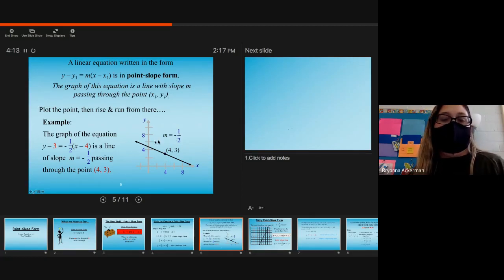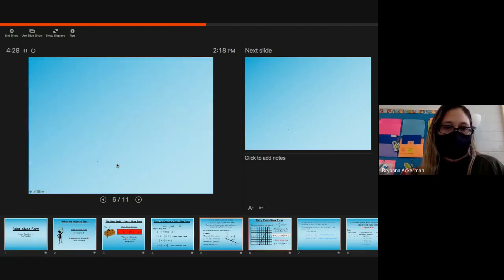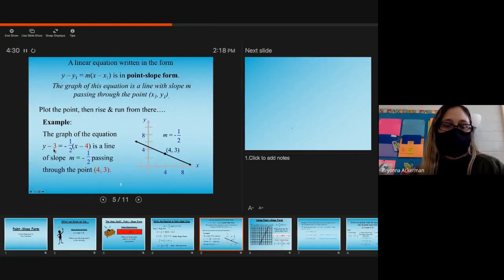And we know that it's negative because from left to right, it's decreasing. So if it's decreasing from left to right, we know it's negative, okay? In this case, they're giving it to us. So if we were to rewrite this in point slope form, it's y minus 3, because 3 is positive, equals negative 1/2 parenthesis x minus 4, because 4 is also positive.